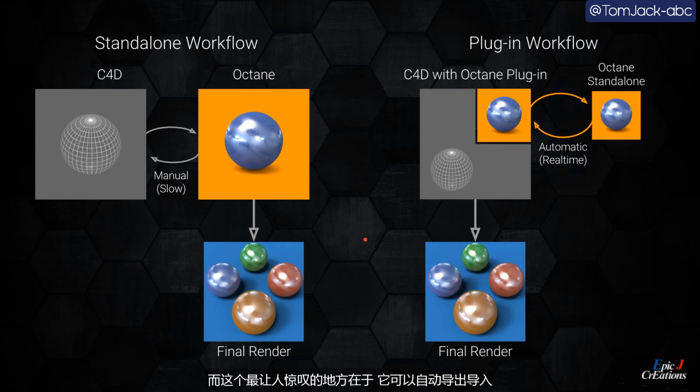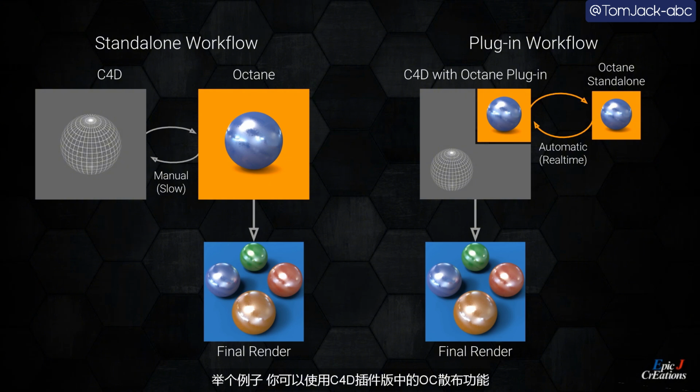Now, what's really impressive about this is on top of just automatically exporting and importing this geometry, which may I point out is extremely efficient and fast, giving you results and exporting and importing that geometry at over 30 times a second in some tests I've done, which is extremely quick. It can also convert data that's inside of Cinema 4D.